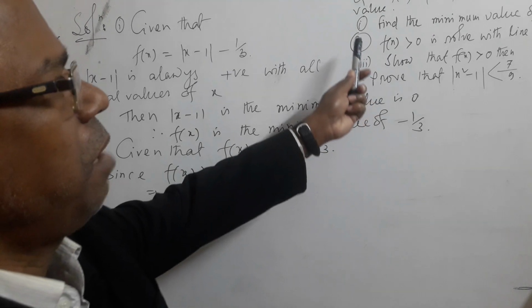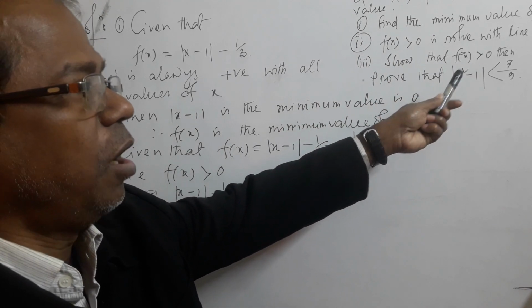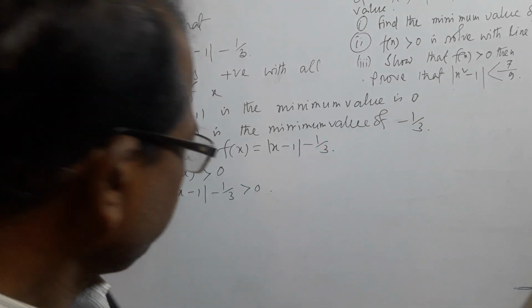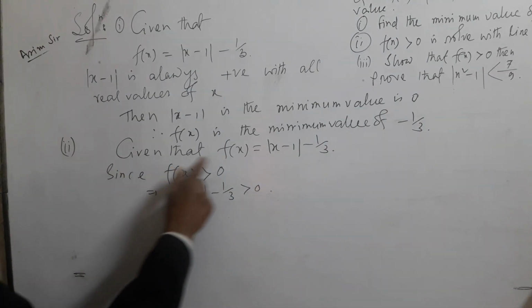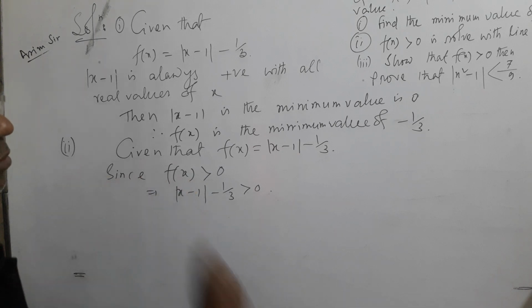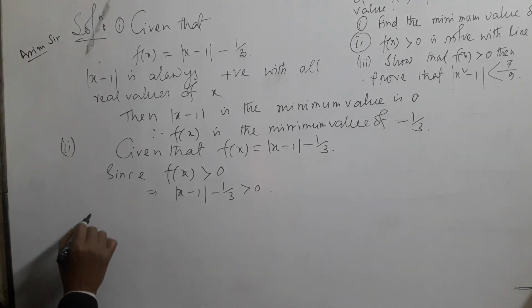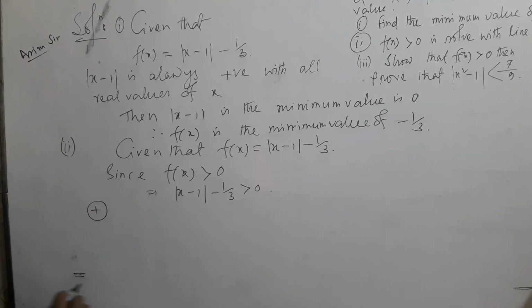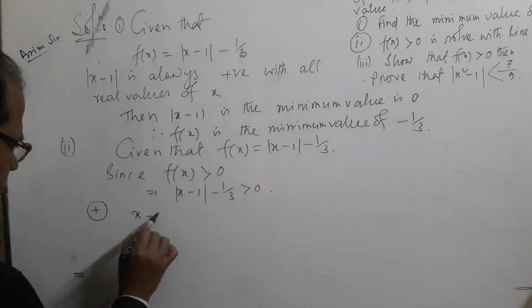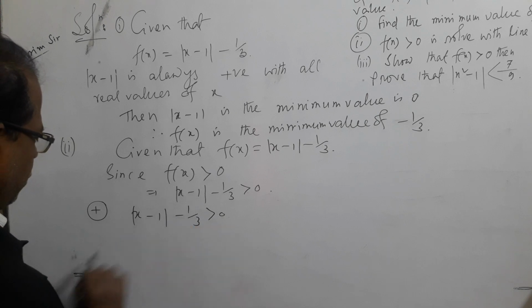And question number 2, f of x is greater than 0, solve with a line graph. So given that the function f of x equal to modulus x minus 1 minus 1/3, since f of x is greater than 0, we have to think deeply. Firstly, modulus is positive, so then modulus x minus 1 minus 1/3 is greater than 0.